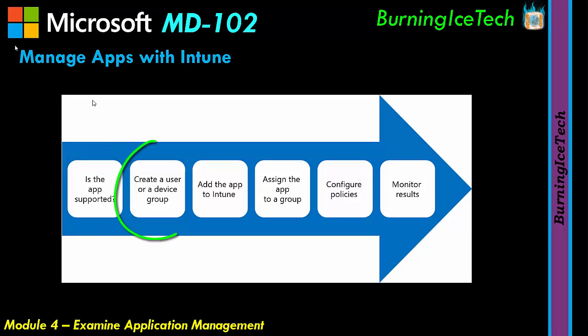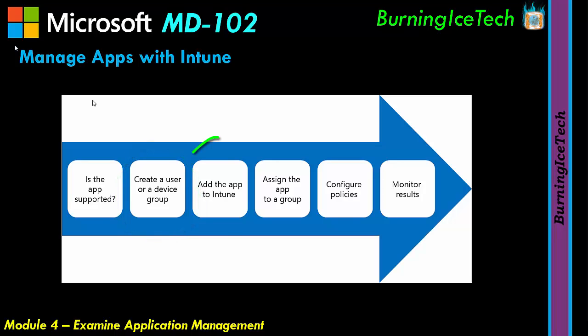Then you need to go and create yourself a user or a device group. This is now assuming you're talking about Intune. So Intune, remember, it uses groups. If you talk about Endpoint Configuration Manager, it uses collections. Essentially the same thing, but yeah, Microsoft thought it would be funny to go and use a complicated name. So you're going to go and create a user or a device group. This is to eventually be used to go and choose whom or what you want to assign these things to.